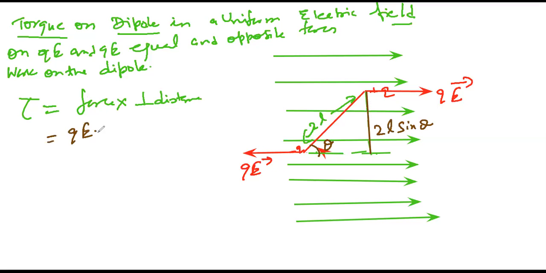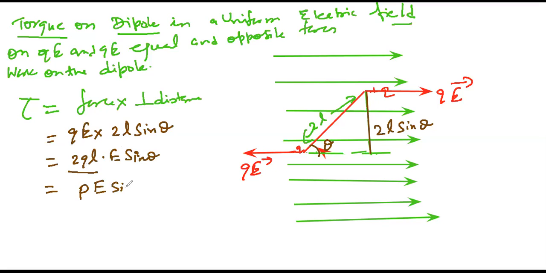Q into E. And perpendicular distance is 2L sin theta. So what will be writing? 2QL, and what is the value of 2QL? P. Right here, P E sin theta. This is the meaning of tau. If you want to write in vector form, it will be P cross E.